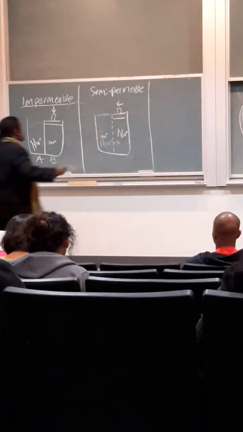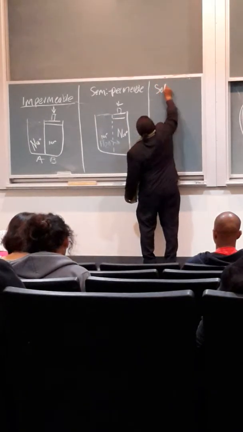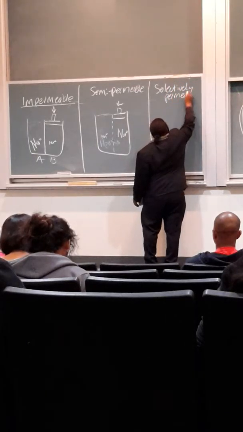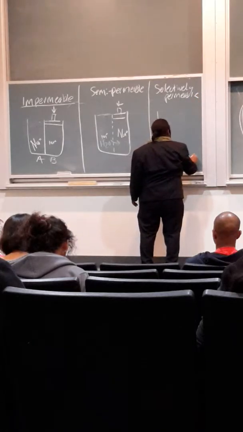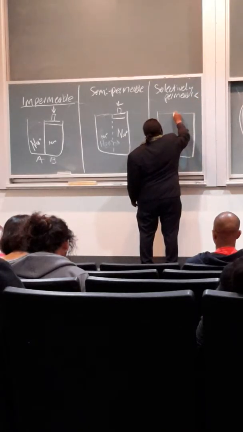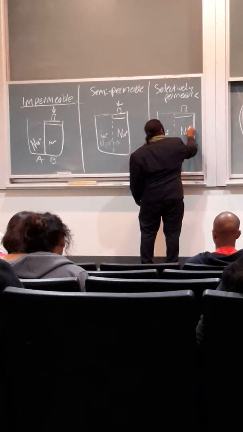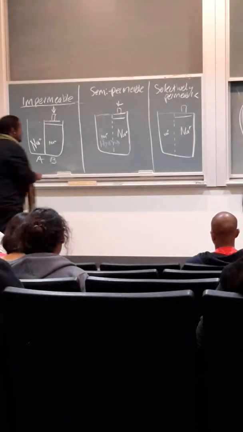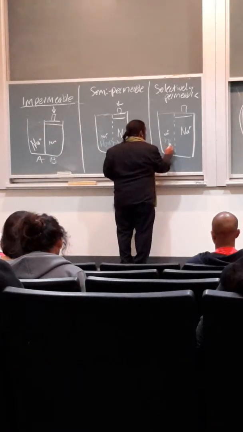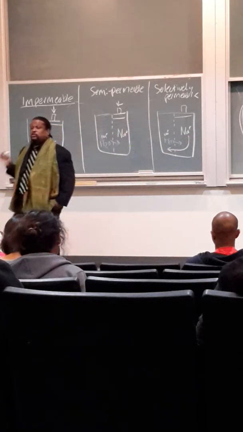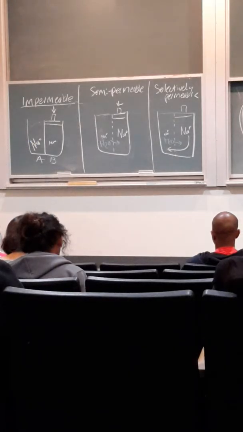Then there's something called a selectively permeable membrane. That creates kind of a different situation because in a selectively permeable membrane, the water can go across, but there are also channels that allow some solutes to move and some not.